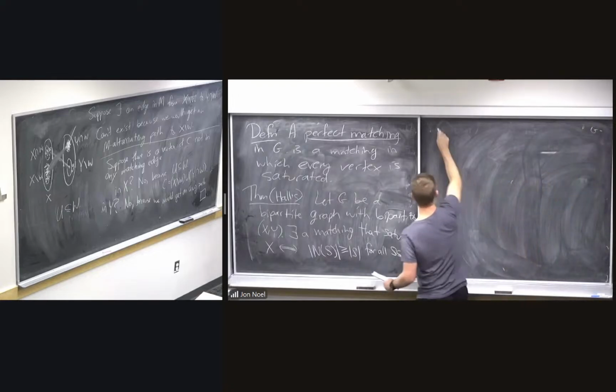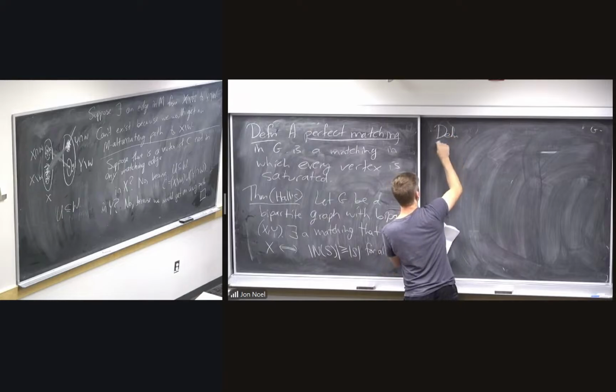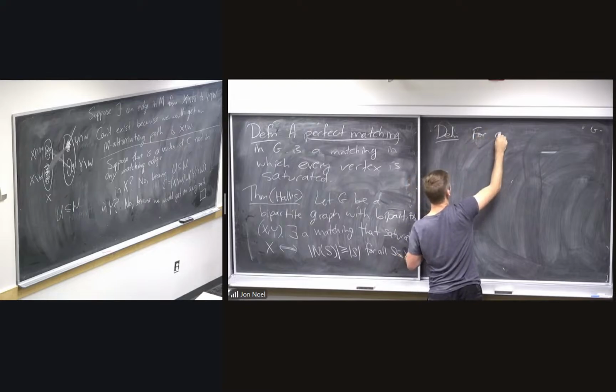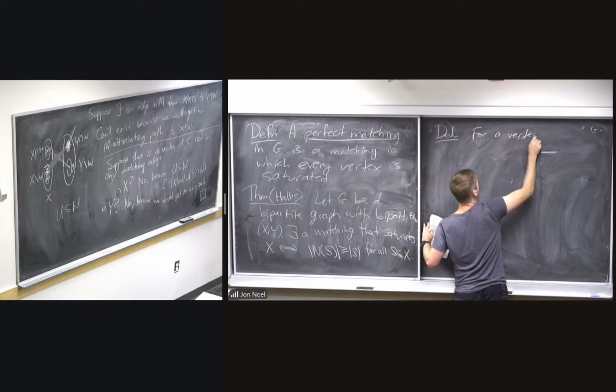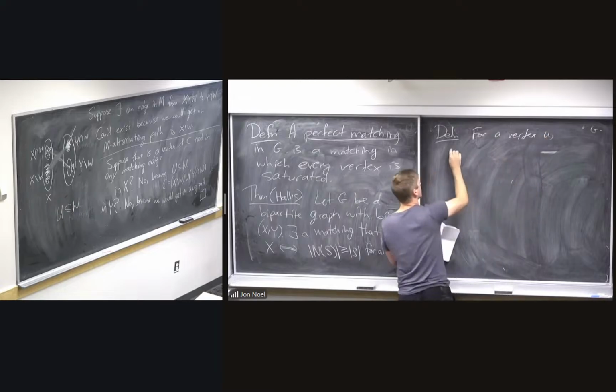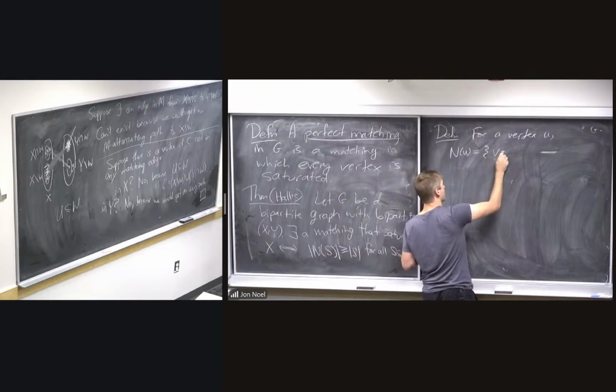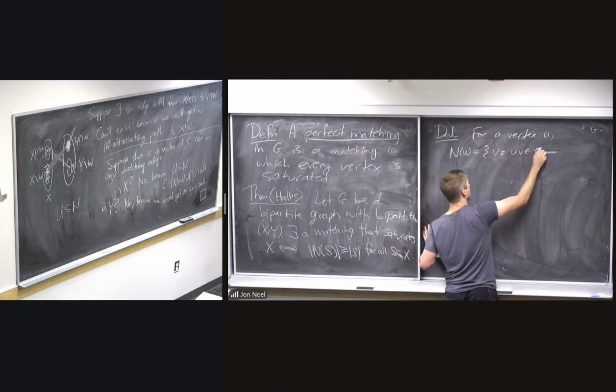In case I haven't introduced this notation yet, for a vertex U, N of U is the set of all V such that UV is an edge.